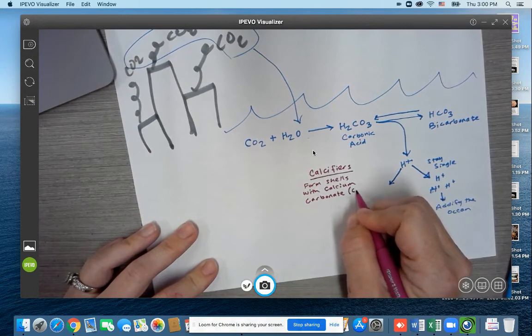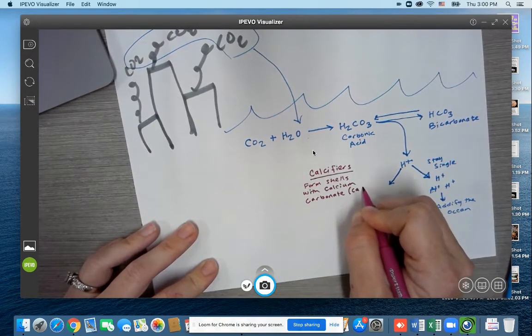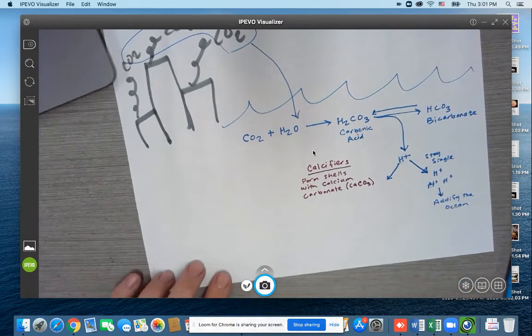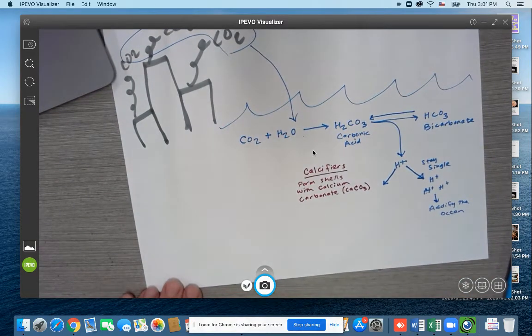That's going to be Ca, capital C, lowercase a for calcium carbonate, CaCO3. The calcifiers.